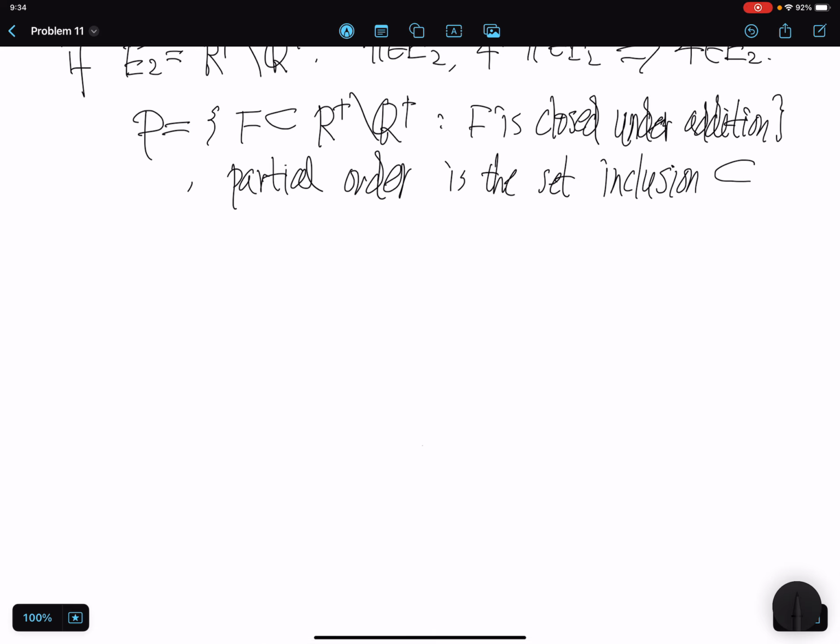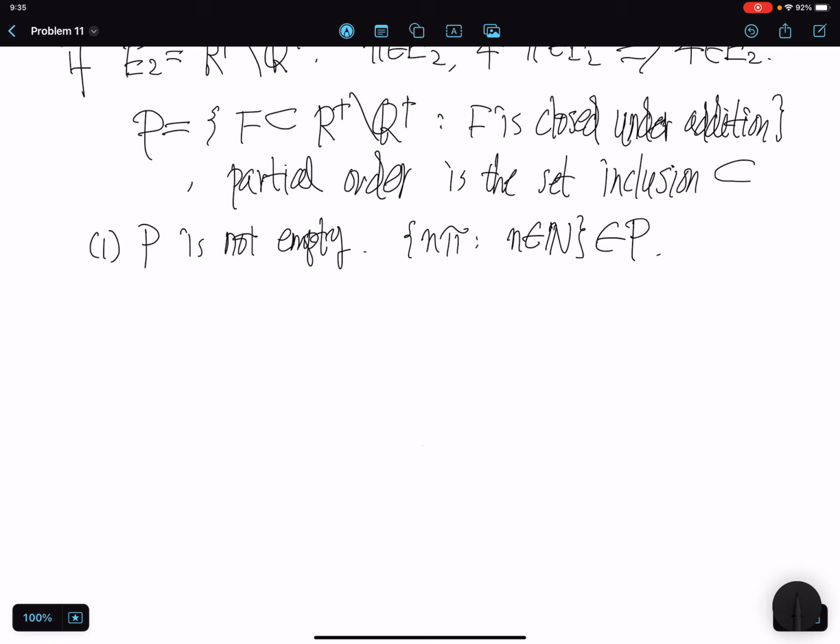So now, in order to apply Zorn, first, P is not empty, right? Why? Because, for example, the multiples of pi are in P, because they're all irrationals, and it clearly is closed under addition because they're all multiples of pi.